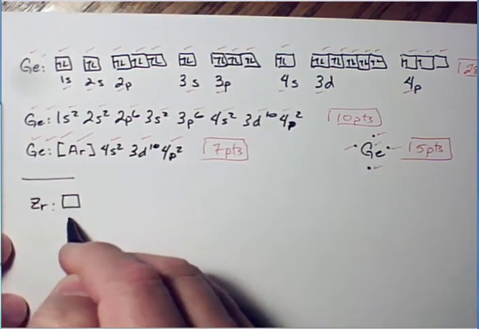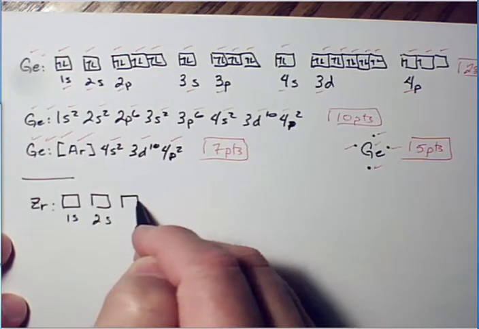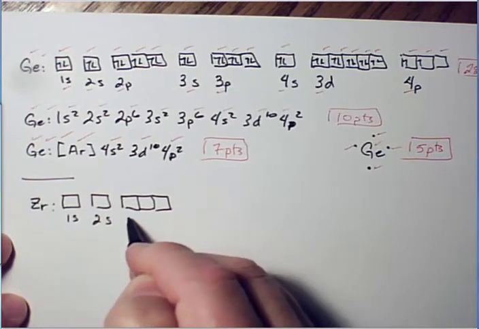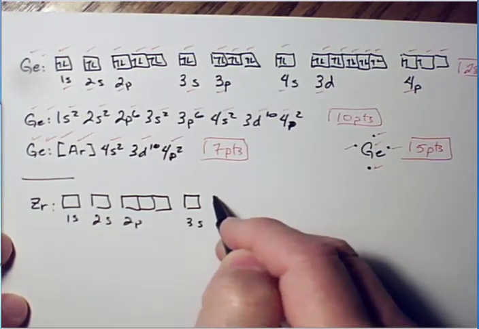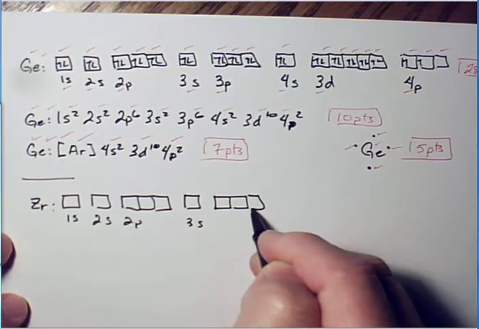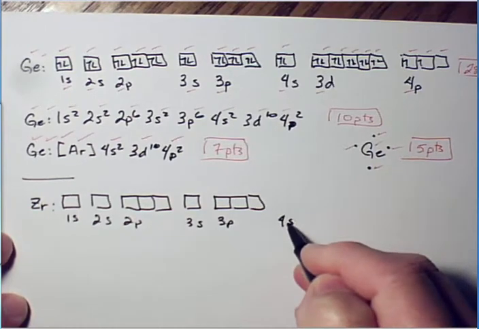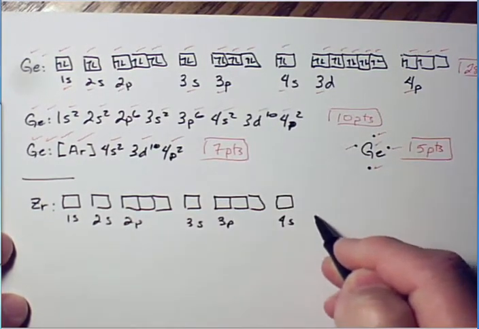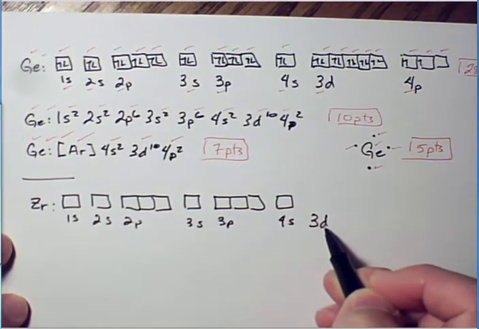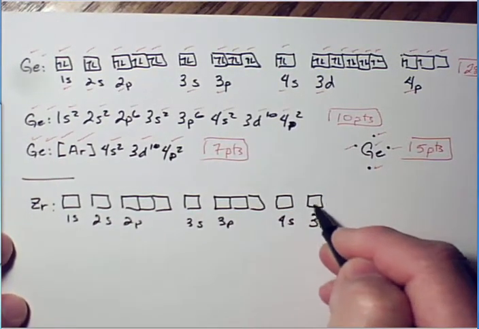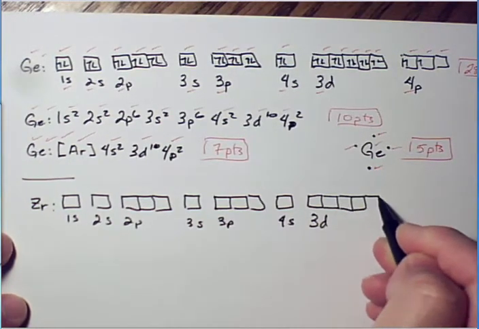Zr colon, 1s, 2s, 2p, 3s, 3p, 4s, 3d, because you're going to drop back one level. Here's 4. We're going to drop back to 3 when we get to the d sublevels. You need 5 orbitals in d. 1, 2, 3, 4, 5.